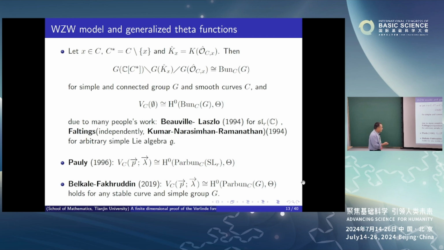Then some mathematicians, many people, I don't want to mention them because it's impossible to mention all of them. The first one might be for a simpler case, without the puncture points, only for this G. They found that the space is in fact a kind of global sections.